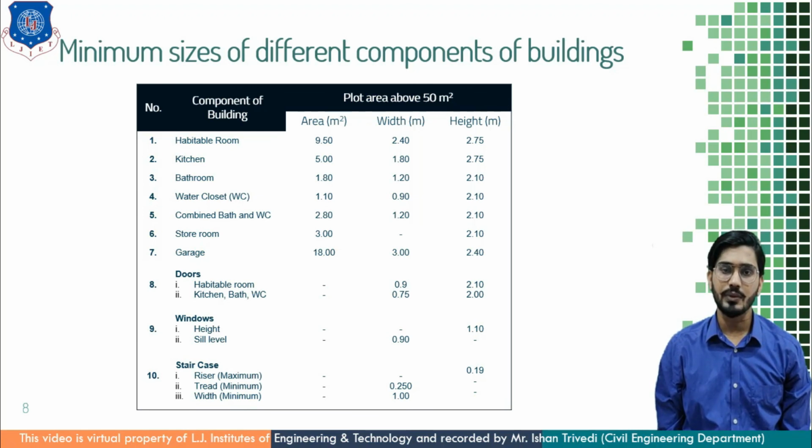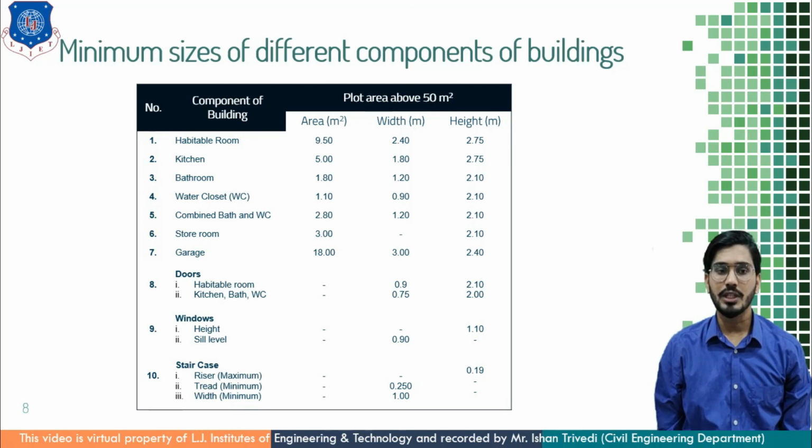It is the minimum height, you can take it up to 3 meter, nothing is wrong in that. Then next is storeroom. The minimum area is 3 square meters and the minimum height is 2.1 meter. For garage, the area is 18 square meters, width is 3 meter and the height is 2.4 meter.